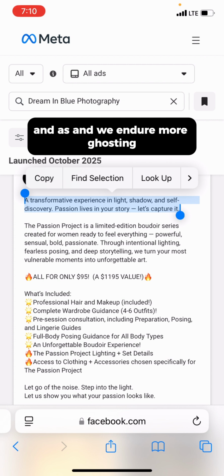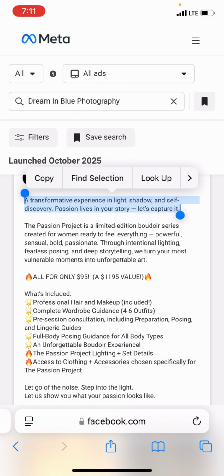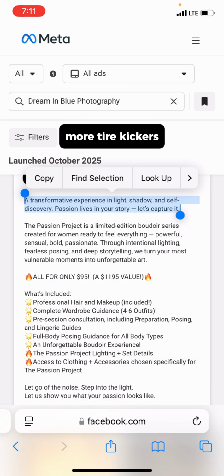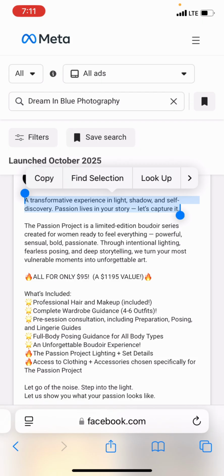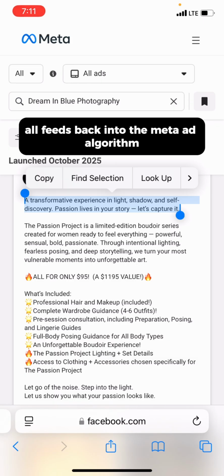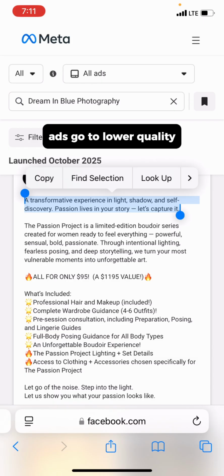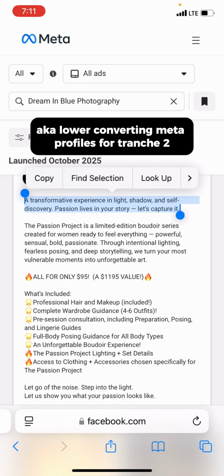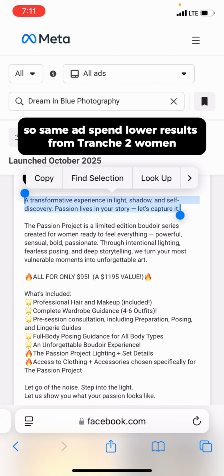And we endure more ghosting, more price hunters, more price objections, more flaking, more tire kickers, which ultimately results in lower sales, lower revenue, fewer bookings, fewer conversions, lower ROAS from tranche one women. All of it feeds back into the Meta ad algorithm. Ads go to lower quality, aka lower converting, Meta profiles for tranche two. So same ad spend, lower results from tranche two women.